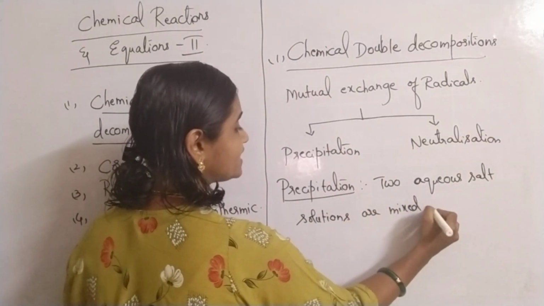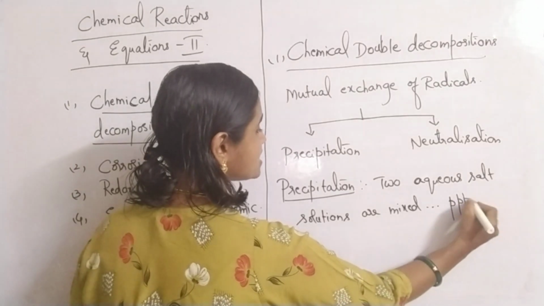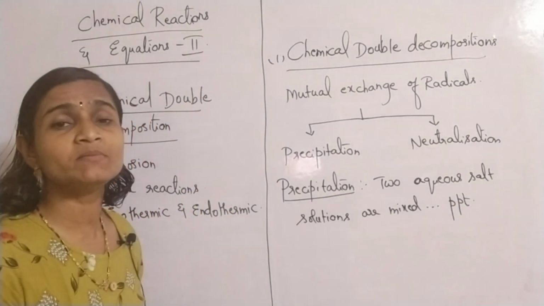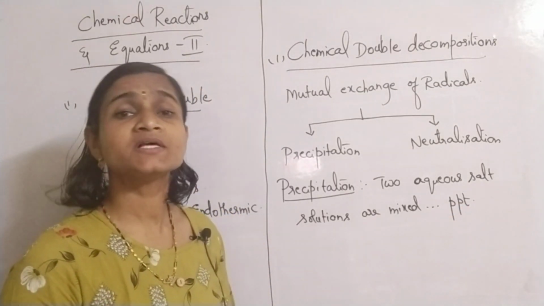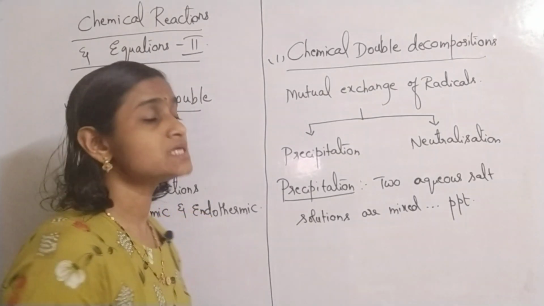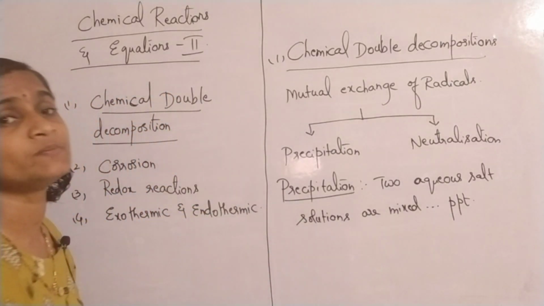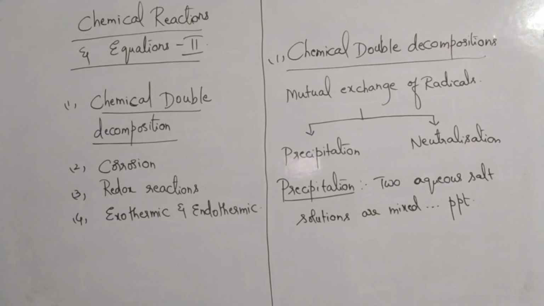The precipitate, PPT in short, is formed. Such reactions are called precipitation reactions. You have to learn certain examples of precipitation reactions, and you have to remember even the color changes you will get in these reactions.